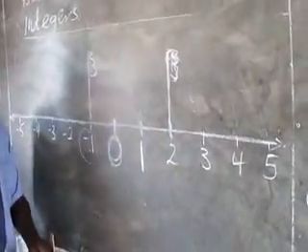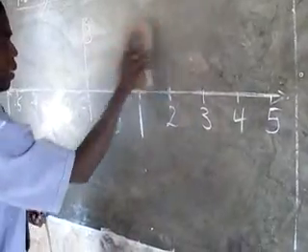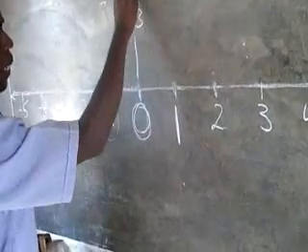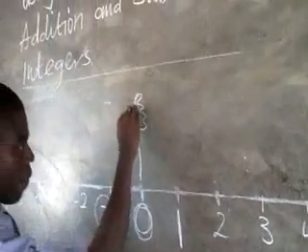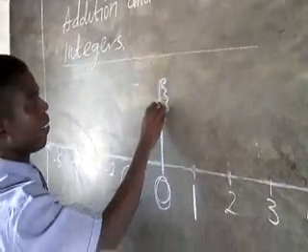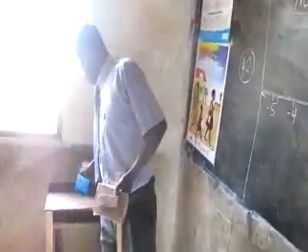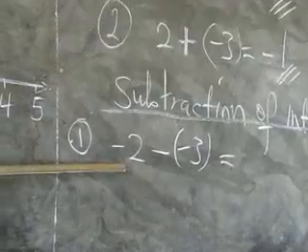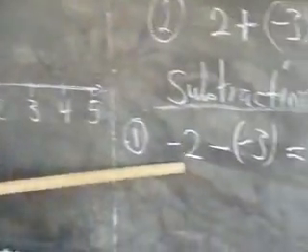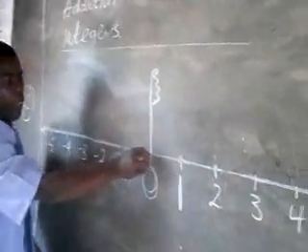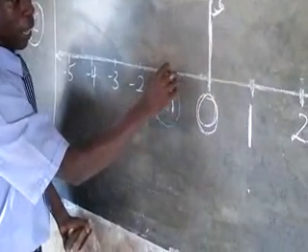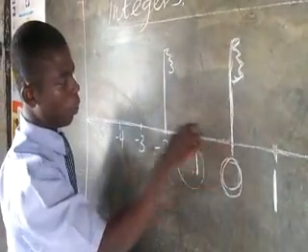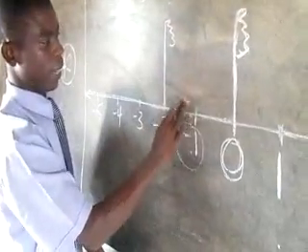Now, when we finish, we bring the person to stand at point 0, looking at the positive direction. Good. Now the first number is negative 2. So the rule says that it has to move backwards 2 steps. So you move from here, let's count 1 and 2. So the person has moved from 0 to stand at point negative 2.